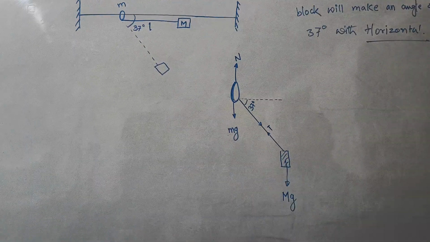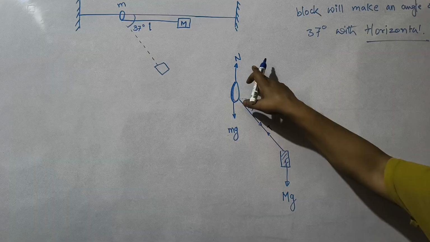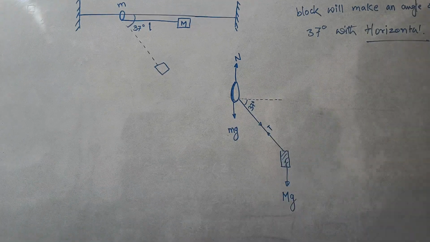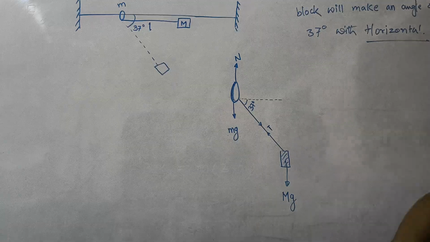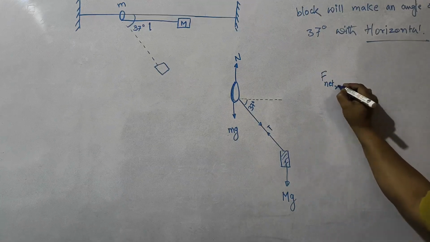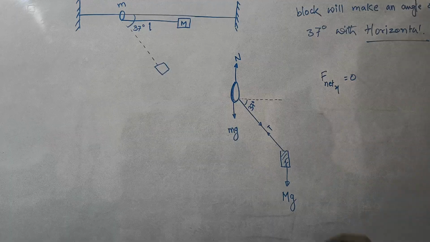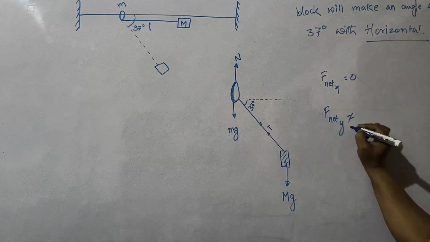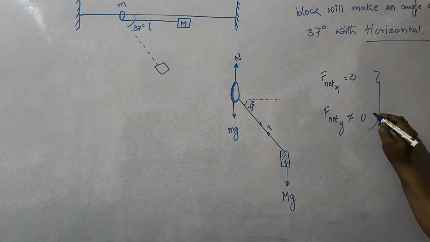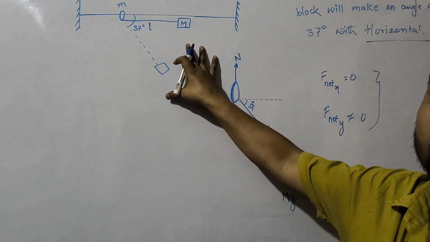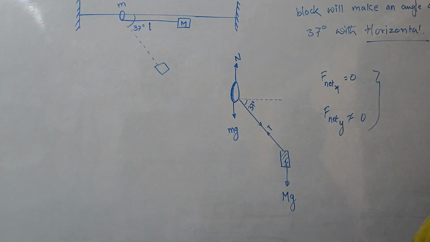Here clearly we can see there are forces along x direction and y direction, but there is no net force in x direction. So I can write that F net in x direction is 0, but F net in y direction is not equal to 0. This was the basic concept that we had to find out from this question by drawing the free body diagram.